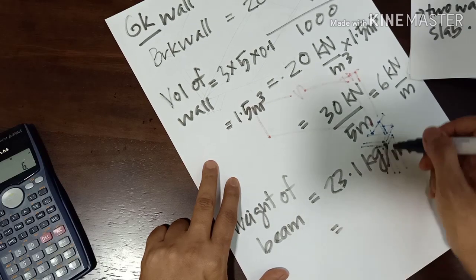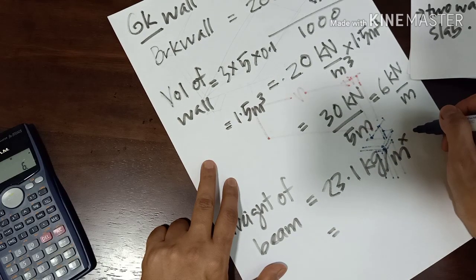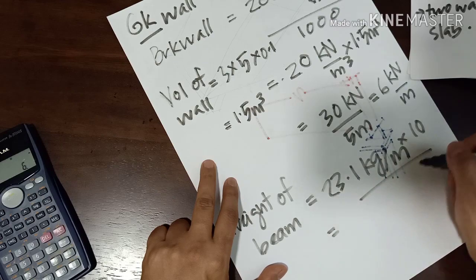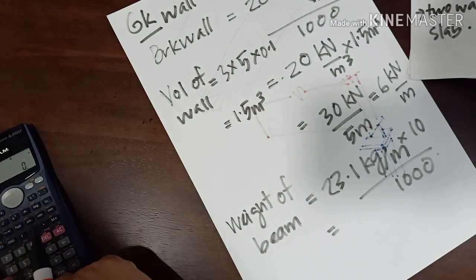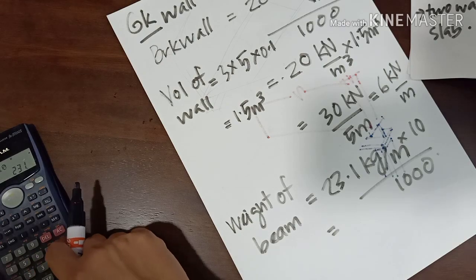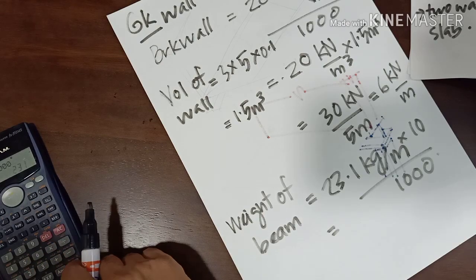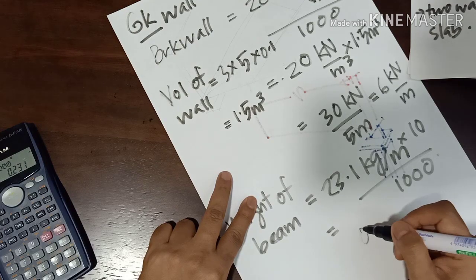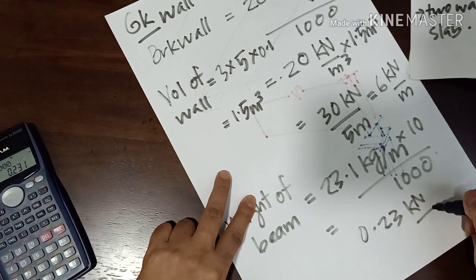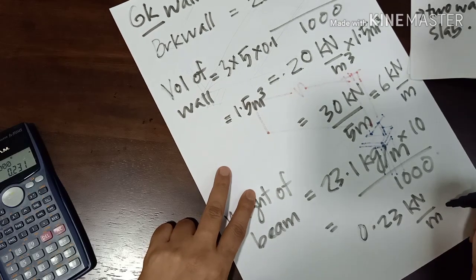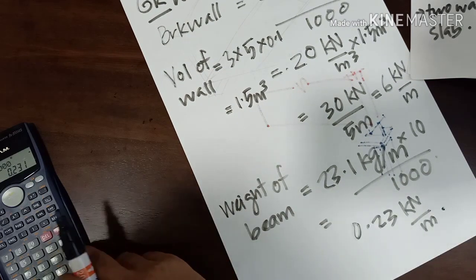We just change it into kilonewton, times 10 divided by 1000. So 23.1 times 10 divided by 1000, we will have 0.23 kilonewton per meter.